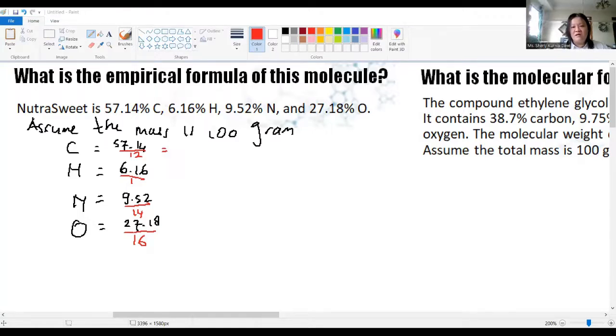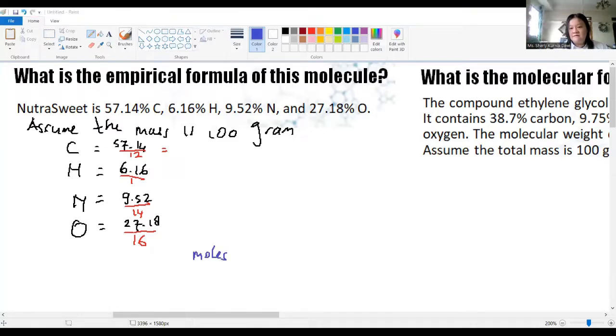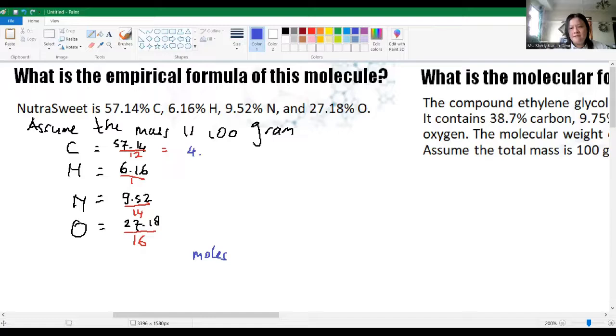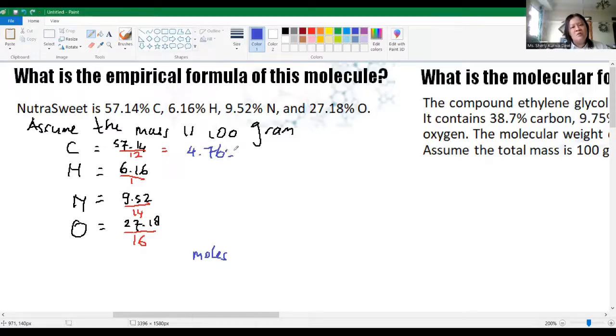I will write here moles. 57.14 divided by 12 is 4.76, actually 4.762, but I will round up.